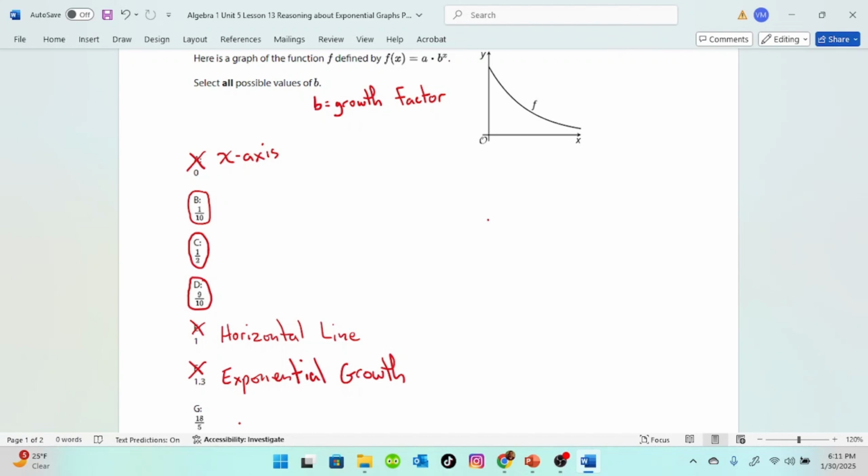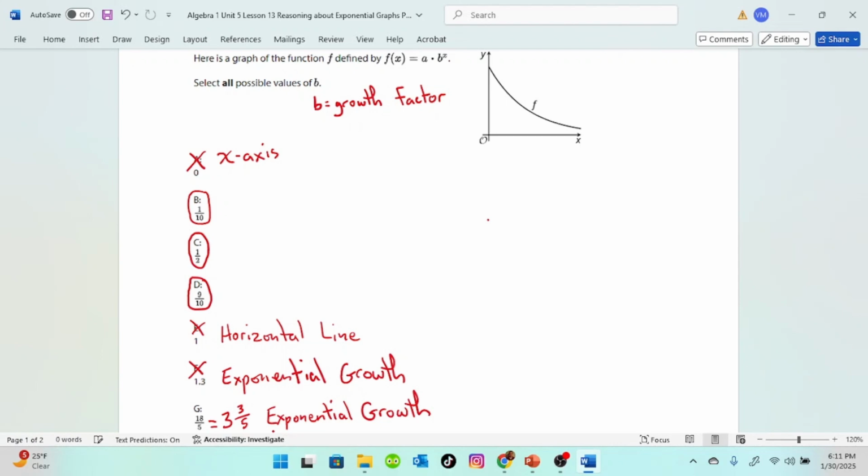And the last option, G, is 18/5. Well, 18/5 is the same as 3 3/5. This means we're multiplying by more than 1 each time, so the y value would continue getting larger. This would also result in exponential growth.